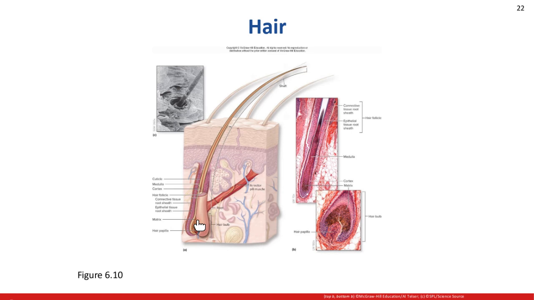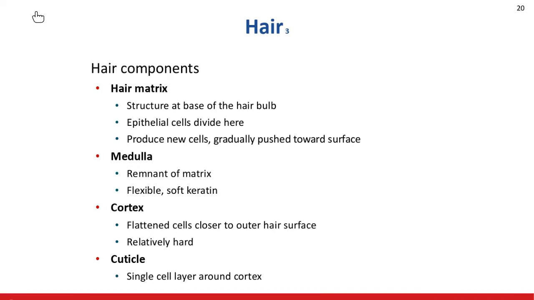So here's your matrix down here, and it starts to push the hair upwards. This brown line here, that's the medulla. The medulla is usually always in the center. And any tissue that surrounds a medulla is usually referred to as the cortex. That's what we see surrounding the medulla.